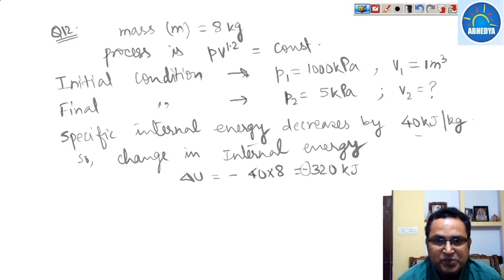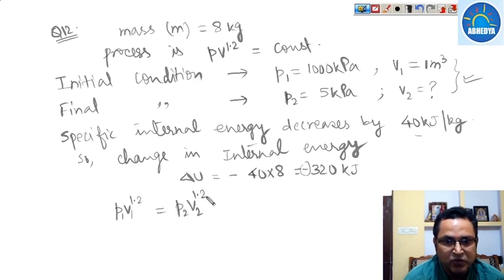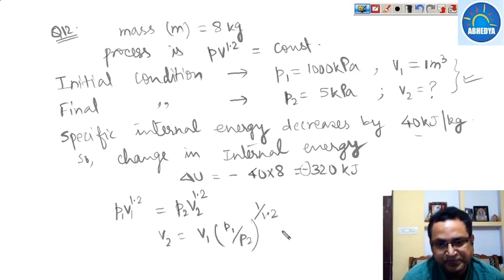The law is given as PV raised to the power 1.2. So by using the law we can easily find out the value of the volume. So P1 V1 raised to the power 1.2 comes to be P2 V2 raised to the power 1.2. So V2 is nothing but V1 into (P1 upon P2) raised to the power 1 upon 1.2.